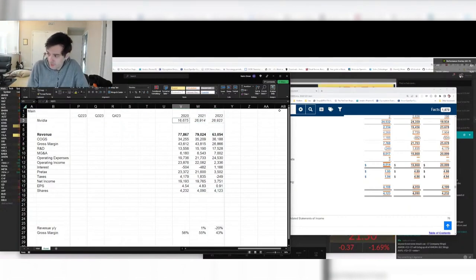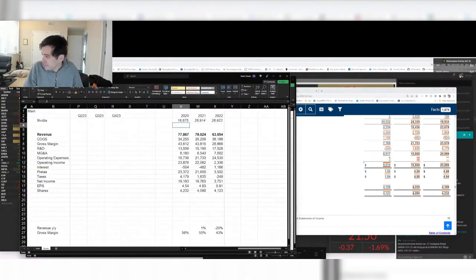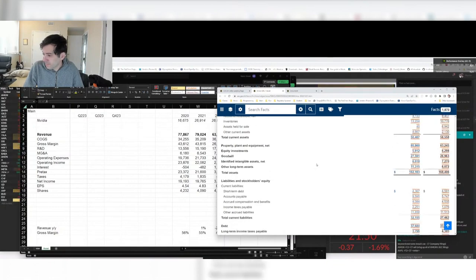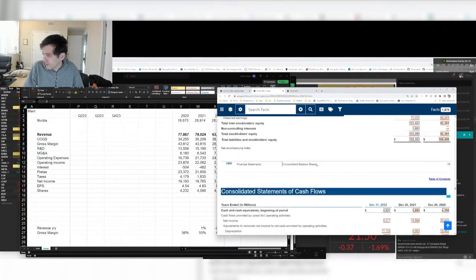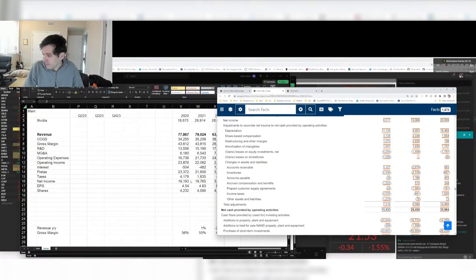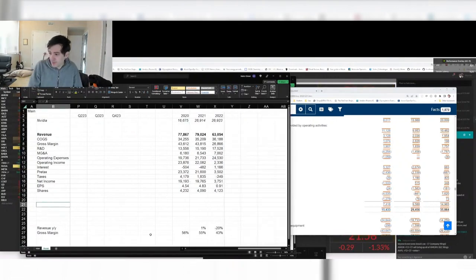So you can see the gap closing, because Nvidia seems to be a lot better positioned than Intel on a product side. Intel always ignored the graphics chip market as, oh, that's a small market, but obviously they messed that up pretty bad. All right, let's now look at the cash flow statement.